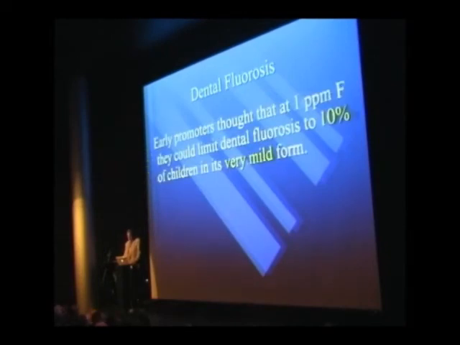Dental fluorosis. The early promoters of fluoridation thought that at 1 part per million fluoride, they could limit dental fluorosis to 10% of children, but only in its very mild form, a form that was so mild, little white opaque patches on the cusp of the teeth, that only dentists would be able to recognize this. And they thought that was a trade-off.